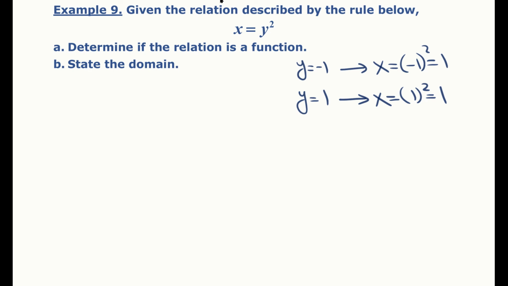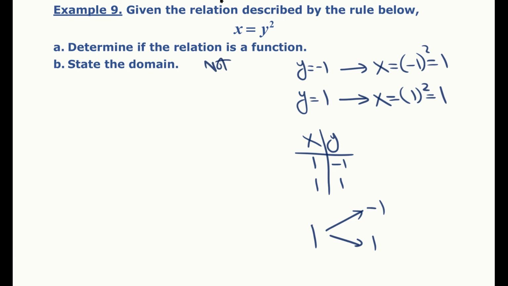So now, if you look at those in a table, we just showed that the x value 1 is associated with y value -1, and it's also associated with y value 1, right? So in other words, if we do an arrow diagram, we can see 1 is associated with both -1 and 1. So again, here, this would not be a function.